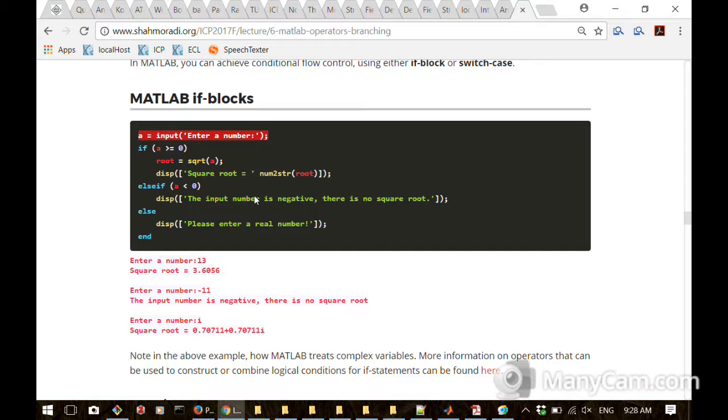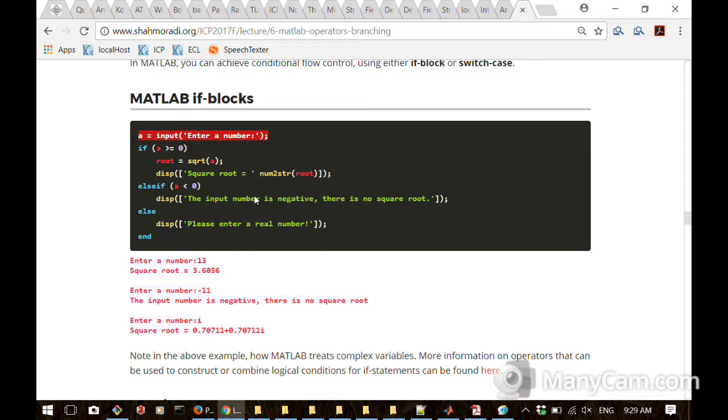Not a real number? Yeah, it won't take a string or anything. Oh, I think the message might be wrong, so let's see. It says, display, please enter a real number. Anywhere is negative. A real positive number would be the correct one. But what's the problem?